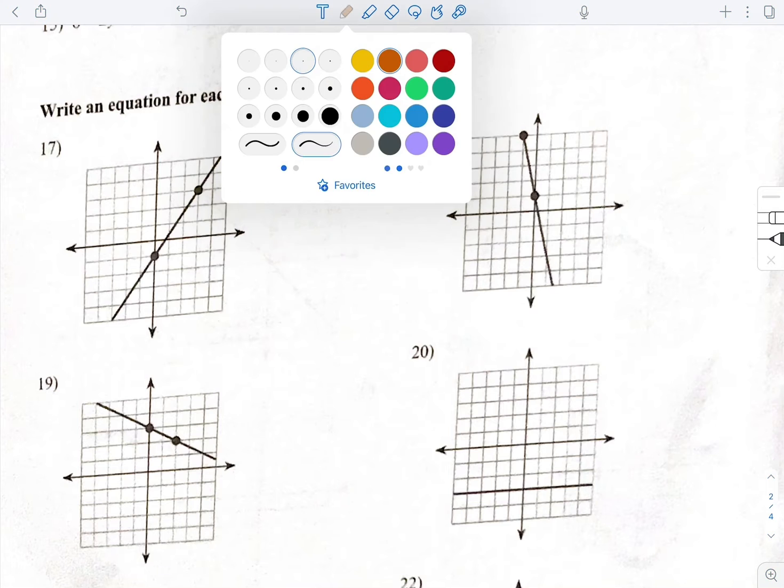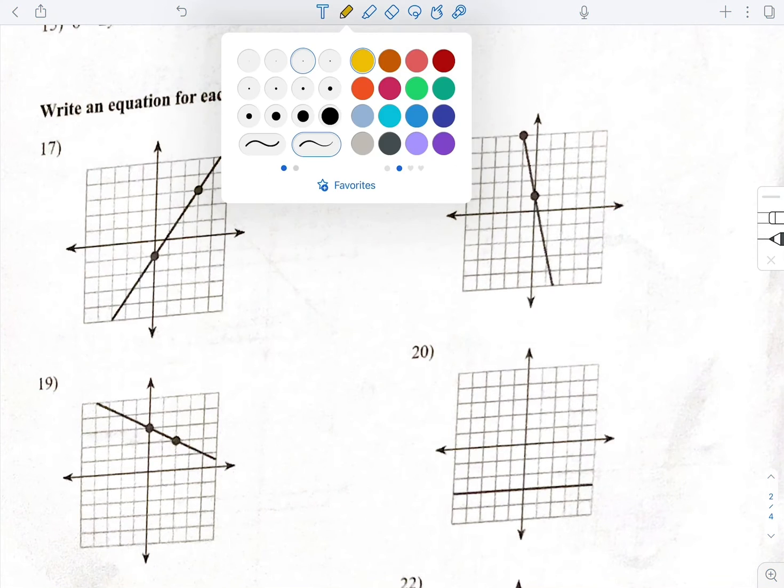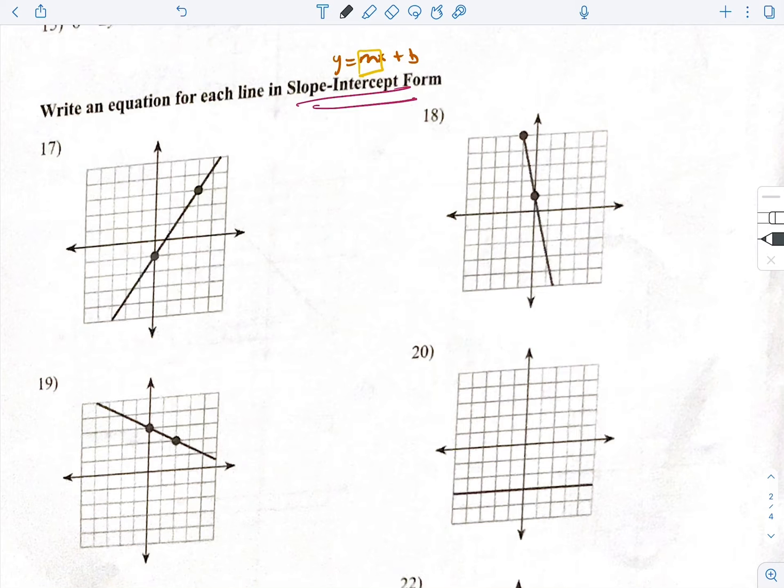So the first thing we're going to do is find the slope. By taking our 2 points and finding our rise over run, basically. Do we have to do it that way? No. Remember, we said we can do the table as well.